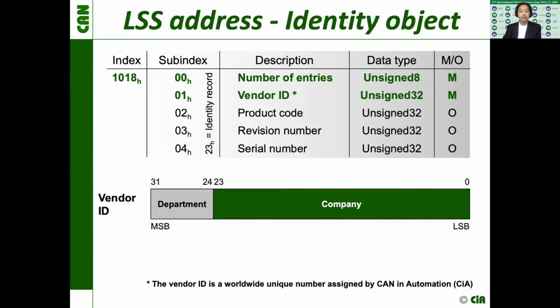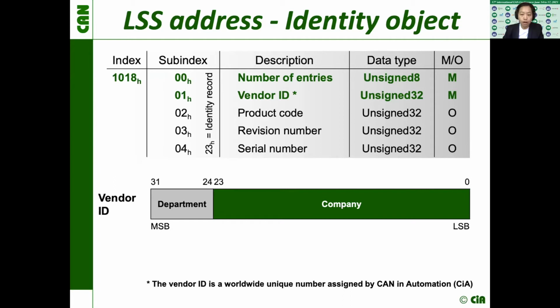This identity object contains 4 sub-indexes of 32 bits each: vendor ID, product code, revision number, and serial number. Together, these make a unique 128-bit value, which is called the LSS address.